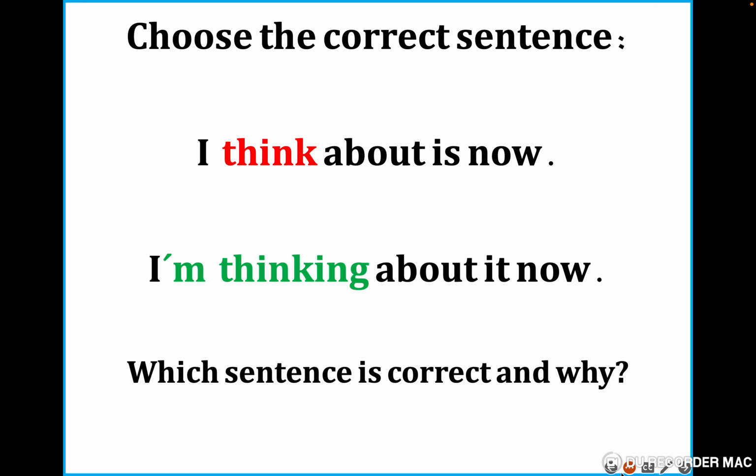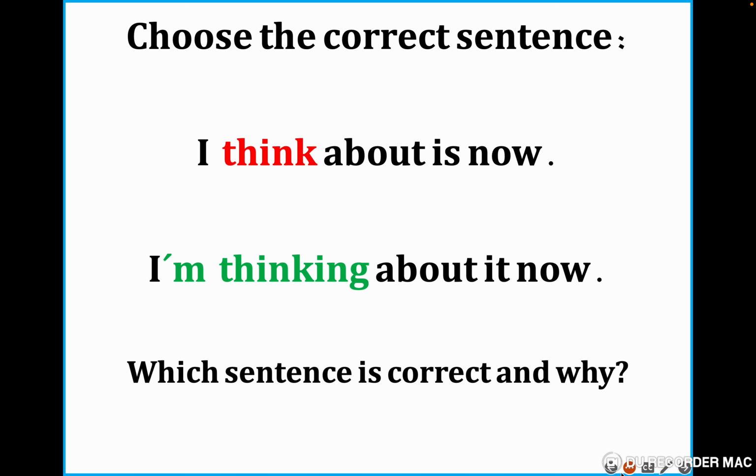Choose the correct sentence. I think about it. So correct, it's not is, it's it. Correct the word is with it. I think about it now. And the second sentence, I am thinking about it now. So here, think doesn't mean giving opinion. It means the process of thinking.